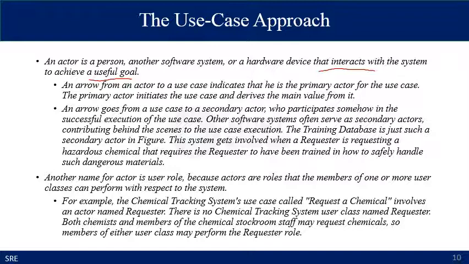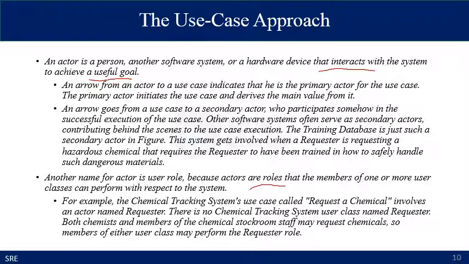So the system gets involved when a requester is requesting a hazardous chemical, which requires the requester to have been trained in how to safely handle such dangerous materials. Another name for the actor is the user role, because actors are the roles that members of one or more user classes can perform with respect to the system.